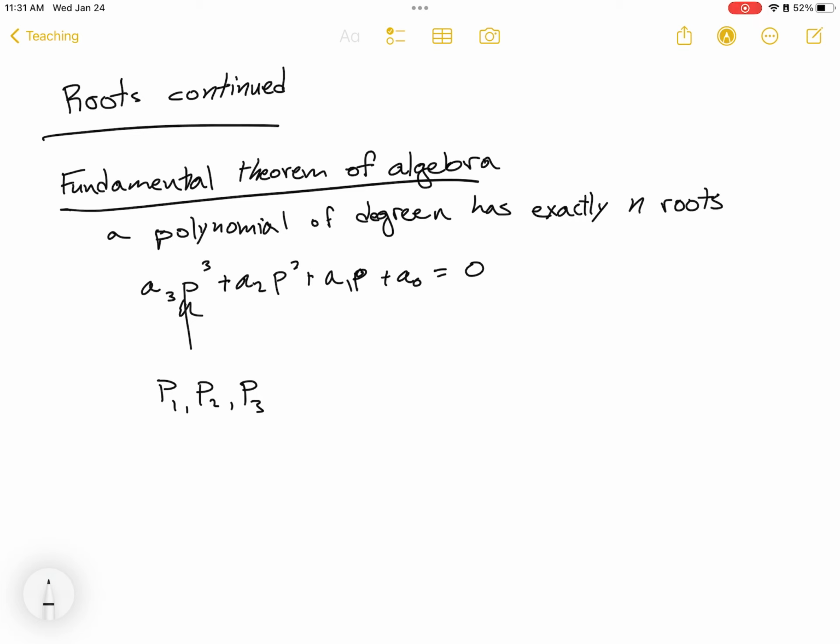And so this is important when we talk about higher order differential equations.